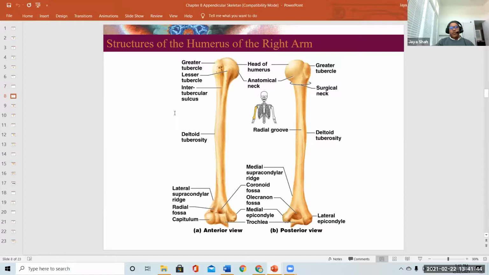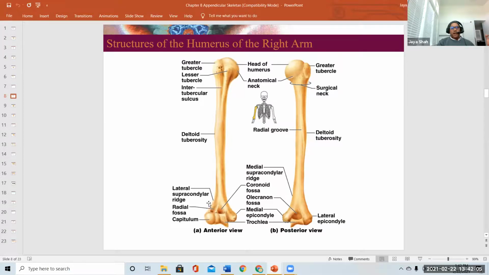So let's start with the humerus. Humerus has features which you need to know. The head of the humerus is here, in anterior view and posterior view. The head of the humerus fits with the glenoid cavity or glenoid fossa. And there is a big tubercle here, greater tubercle, lesser tubercle. And then deltoid tuberosity.